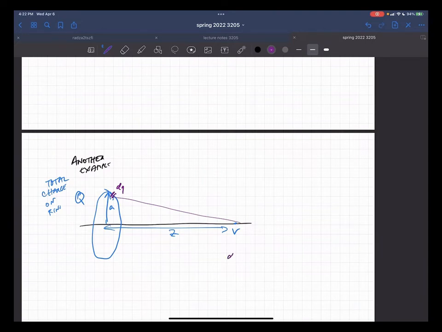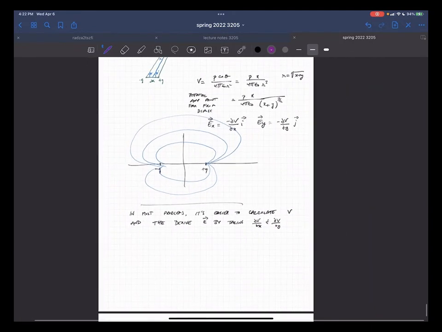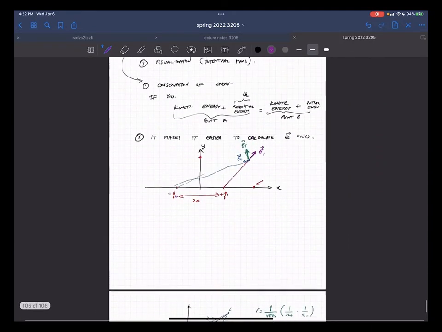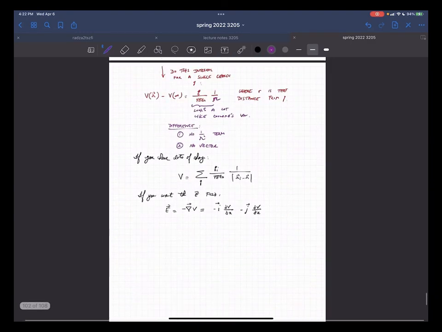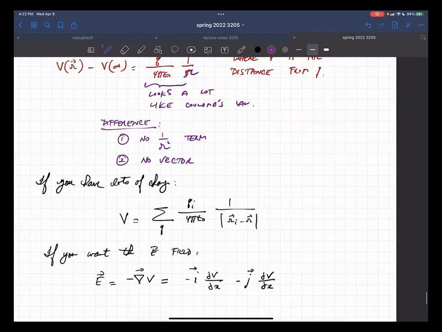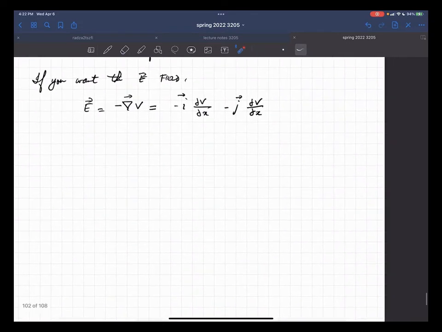And so the incremental unit of charge, so remember what I'm doing here is using this concept that I can calculate, basically, if I have a bunch of charges, I can calculate the total potential by summing up the effect of all those charges.